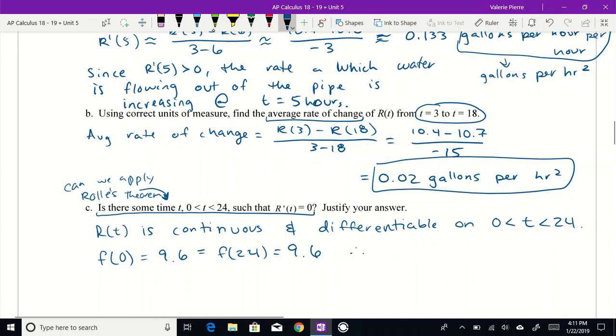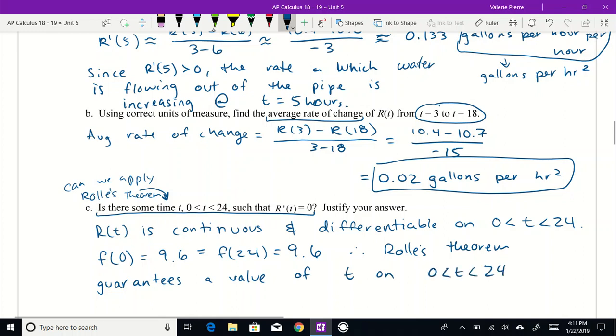Therefore, Rolle's theorem guarantees a value of t on the interval from 0 to 24 such that r prime of t is equal to 0.